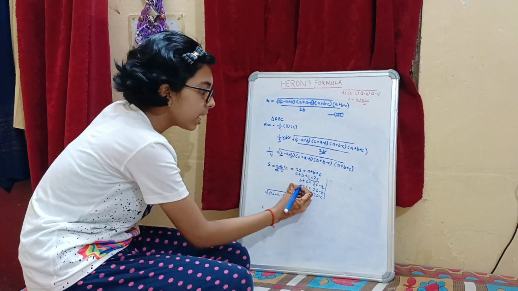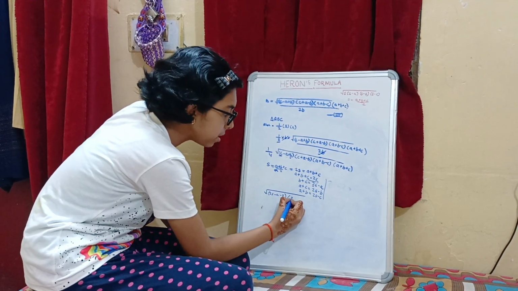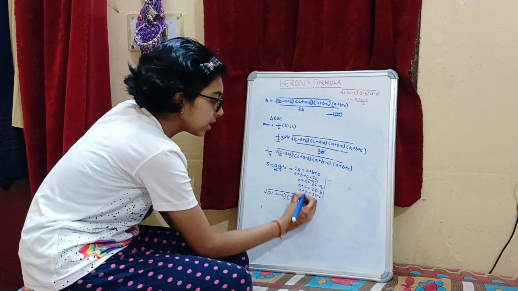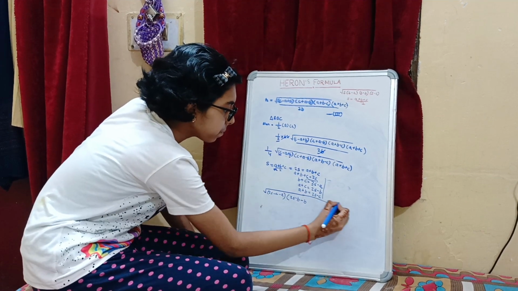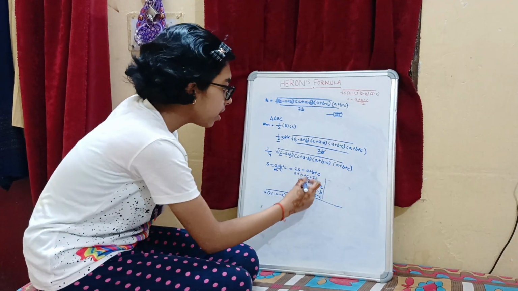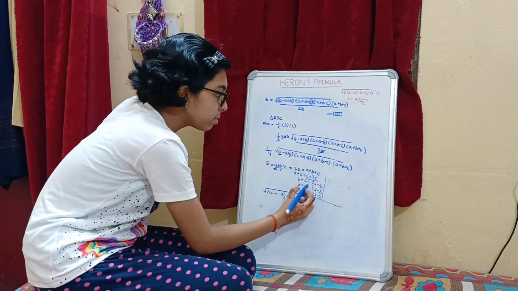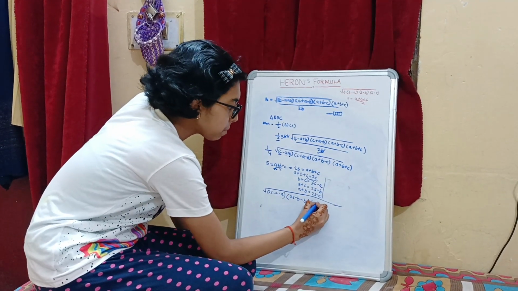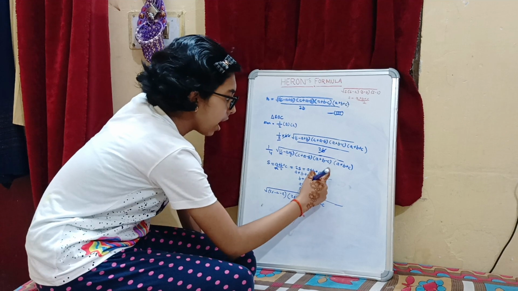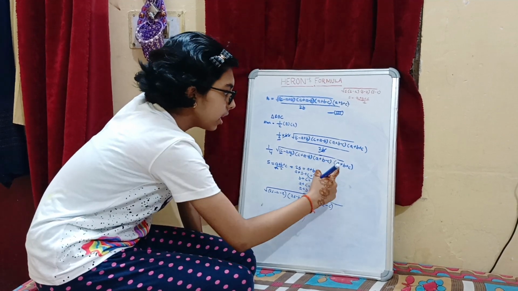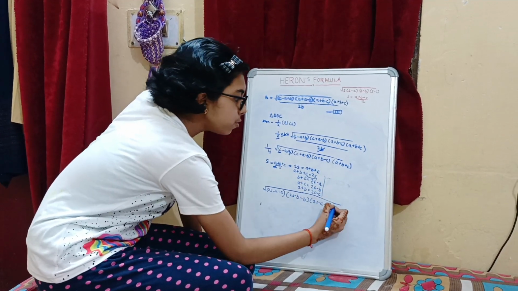Now c plus a is equal to 2s minus b, and minus b. After that a plus b is equal to 2s minus c, and minus c. Then a plus b plus c is equal to 2s.